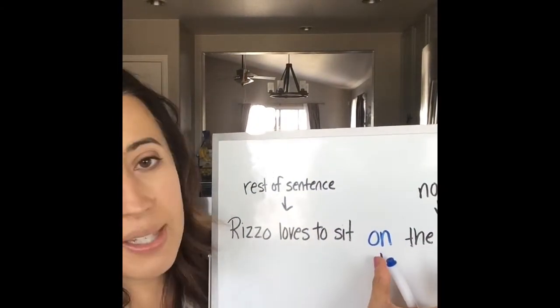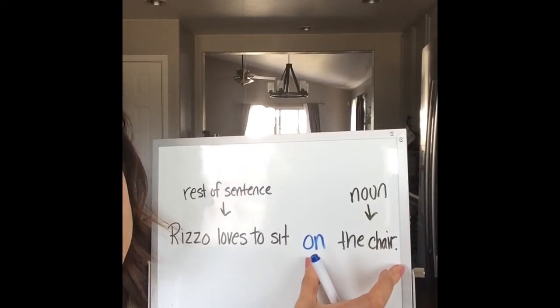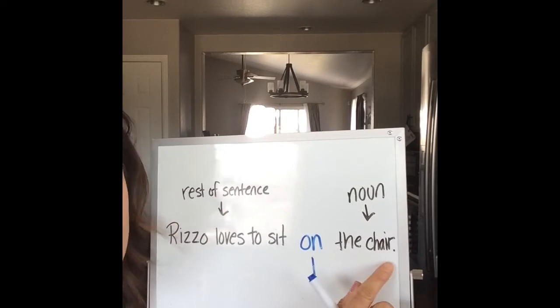But if I just took this chunk out right here, this is called the prepositional phrase, on the chair. If I use the preposition through, I could say through the door. That's a prepositional phrase. It's not the full sentence, it's just a piece of the sentence. I hope that makes sense.